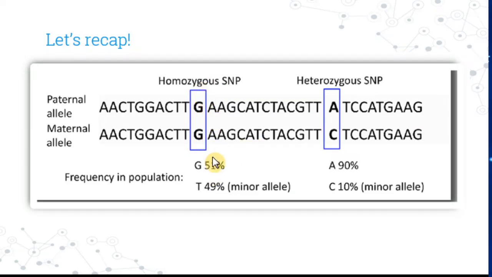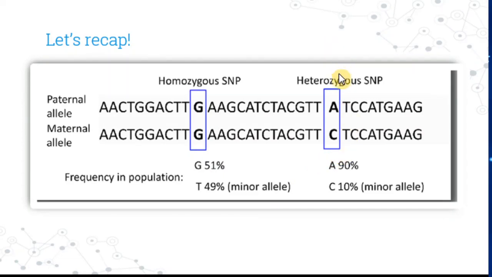Allele frequency of the population says that the G allele is represented by 51% of the population, while T is represented by 49% of the population. So that means that there is a variation there, but in this person, he has the homozygous wild type. So we call G the wild type, while T is the variant allele or minor allele.